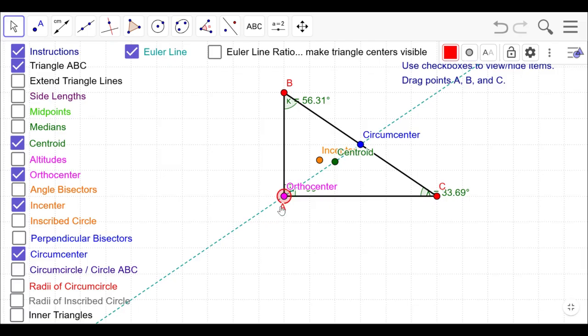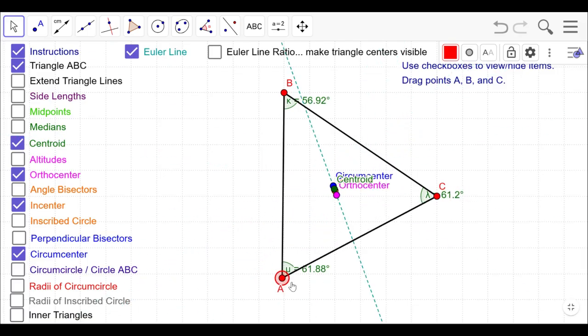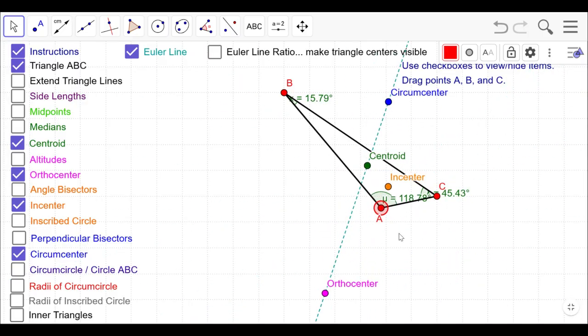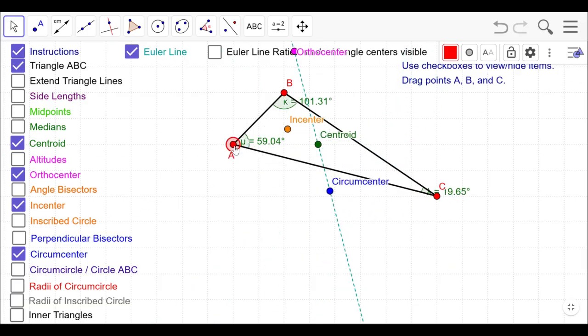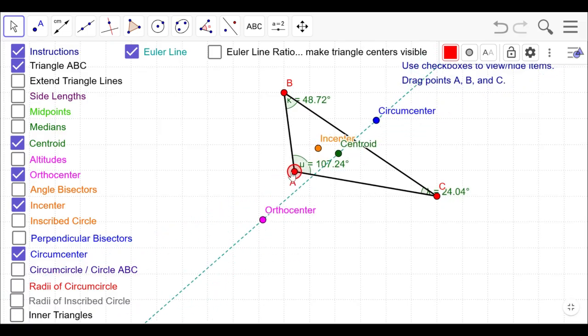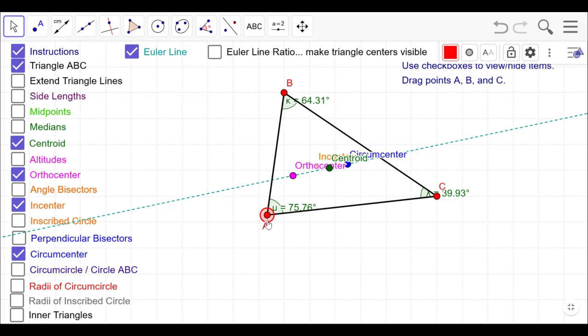Now, move the triangle around and see which centers will always stay on that line regardless of where you move the triangle. So, write down which centers.